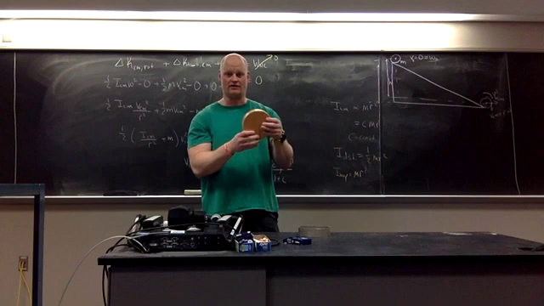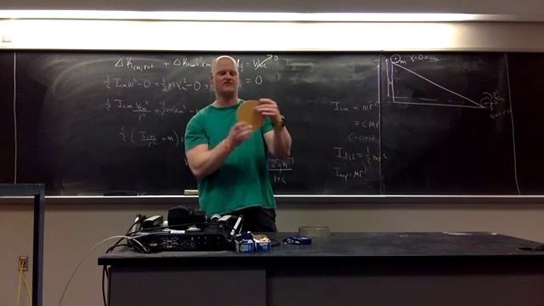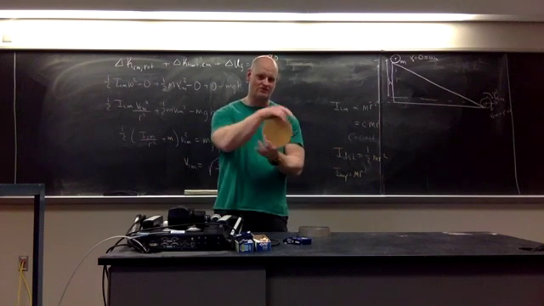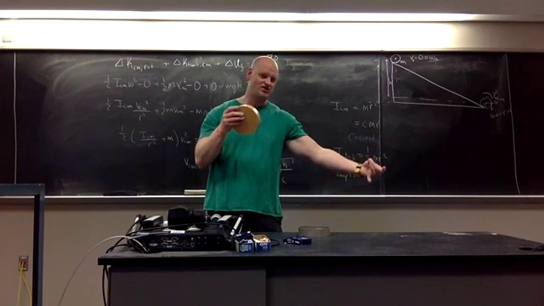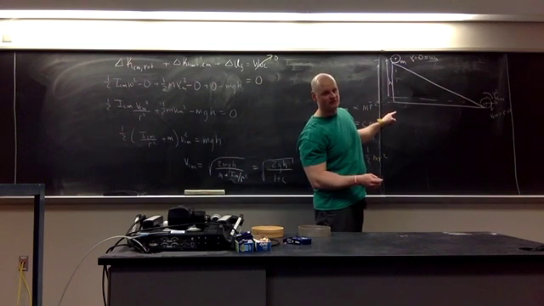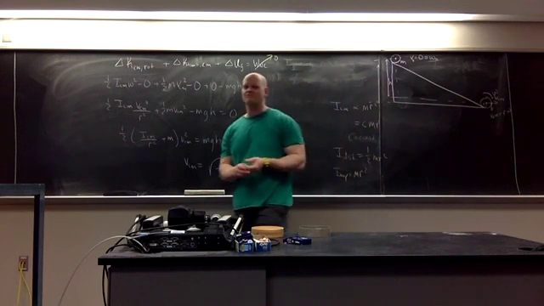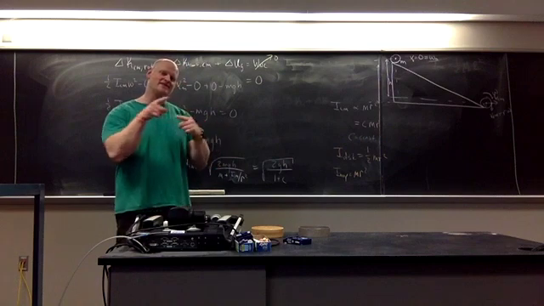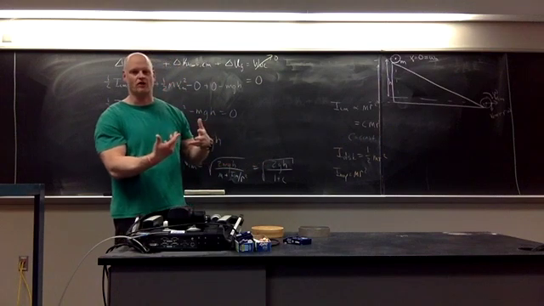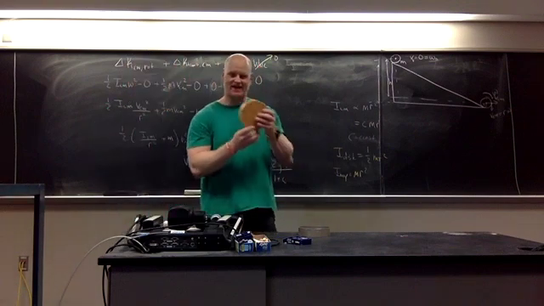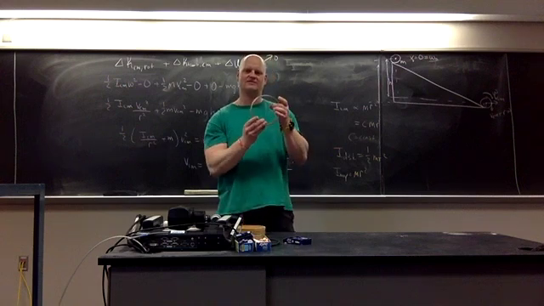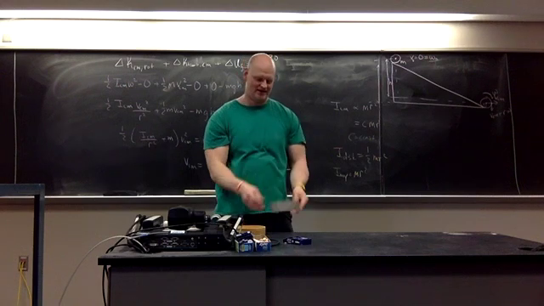In both cases, all I'm doing is changing gravitational potential energy into kinetic energy. If I divert less into rotational, I can divert more into translational, which allows it to go faster. So again, since this thing has a smaller moment of inertia, it takes less for me to cause it to rotate as opposed to this one.